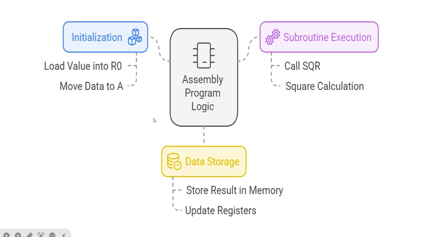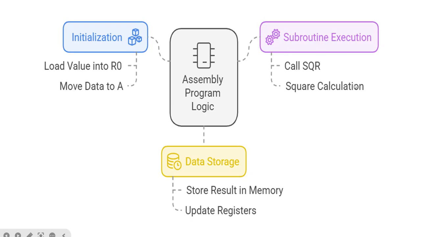Here we'll see the logic of the program. What we'll do is load the value into R0. Then we'll move that data to the accumulator. Once we are done with the initialization process, we will call the subroutine. In our program we have named the subroutine SQR, so it is call SQR.